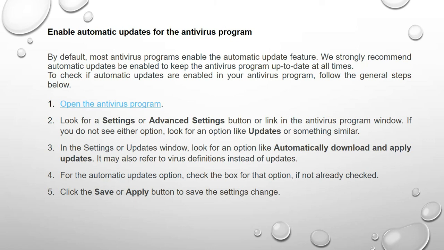Next, in the settings or updates window, look for an option like automatically download and apply updates. You have to turn on this option. It may also refer to virus definitions instead of updates. For the automatic updates option, check the box if not already checked. Click the Save or Apply button to save the settings change.